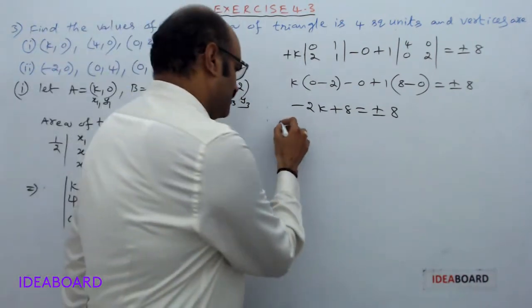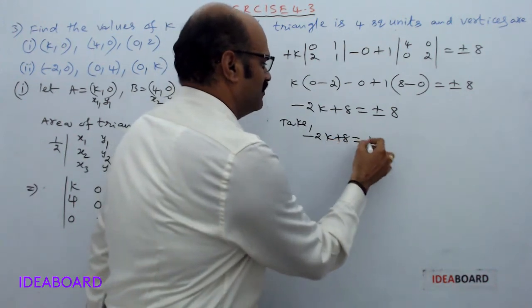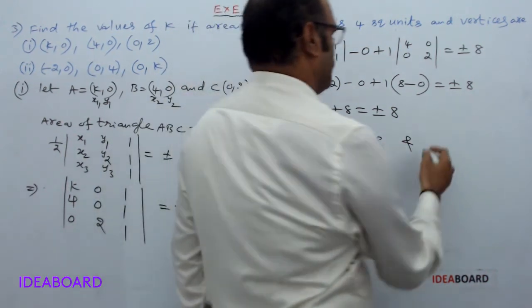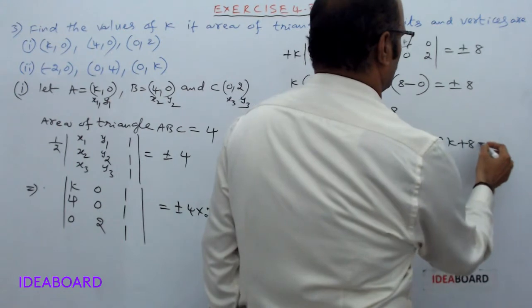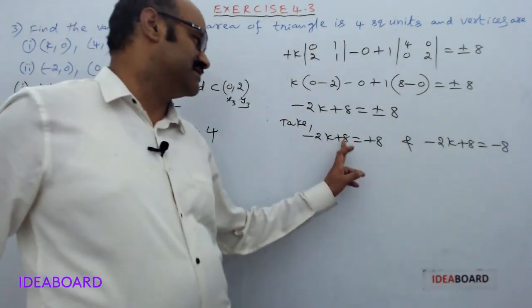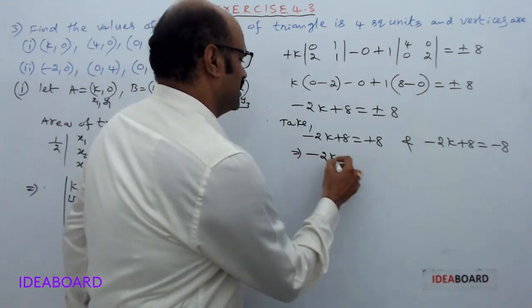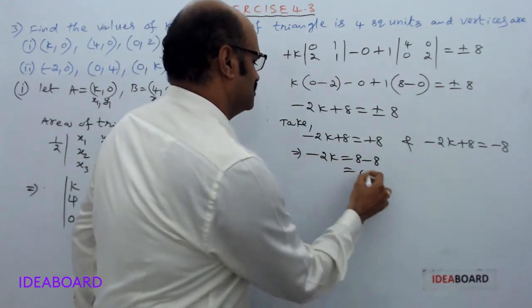Now take minus 2k plus 8 equal to plus 8 and minus 2k plus 8 equal to minus 8. Moving 8 from LHS to RHS, minus 2k equals 8 minus 8, which is 0.